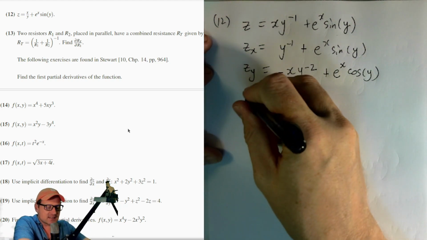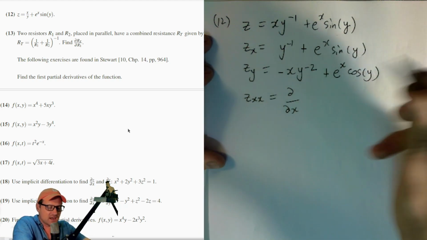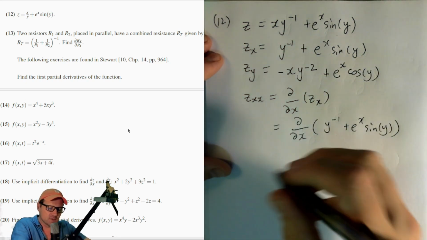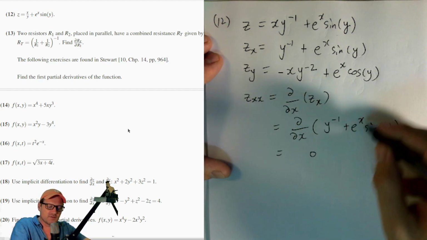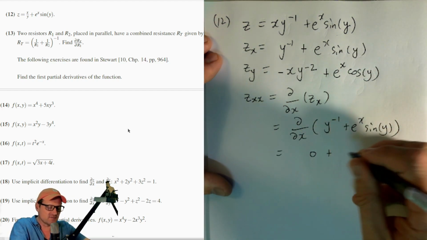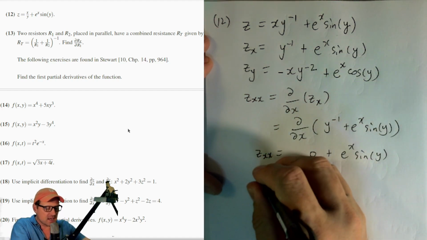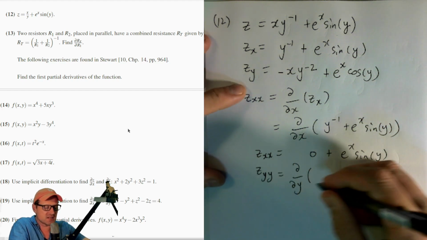Okay, so now let's calculate zxx, which is the derivative with respect to x of zx. Differentiating this partially with respect to x gives 0 for this one. And then the derivative of e to the x is e to the x sine y. We're treating y as a constant, so we have e to the x sine y again. This is zxx. All right, zyy is the derivative with respect to y of zy.